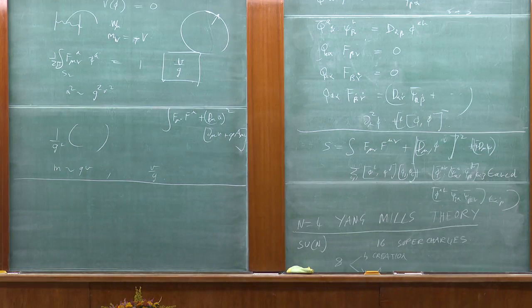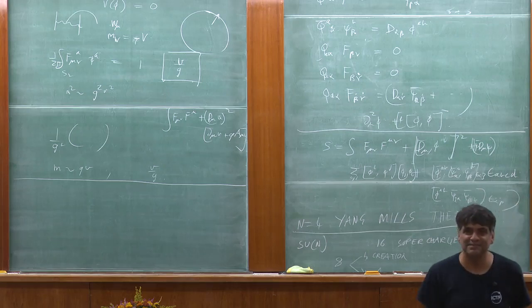The last objection was that the coupling constant runs in this theory with the single scalar field. So at what value of scale is G goes to 1 by G? Now, n=4 theory is a theory where the coupling constant doesn't run. So this objection is just not there. Okay. Then there was this objection that on one side we had a vector boson, and the other side we had a scalar.